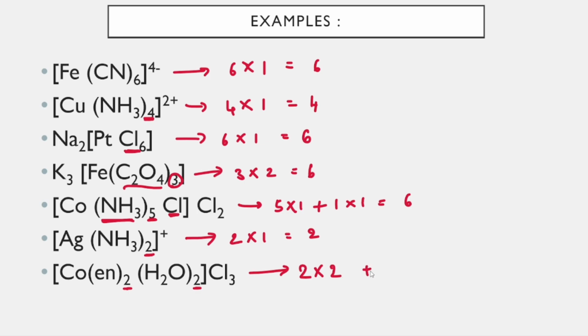Plus we have 2 H2O ligands, and H2O is a monodentate ligand, so it has a denticity of 1. So 2 into 2 is 4, 4 plus 2 is 6. This is a very easy trick to find the coordination number.